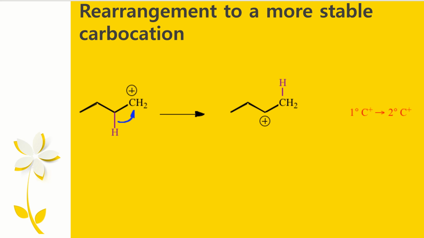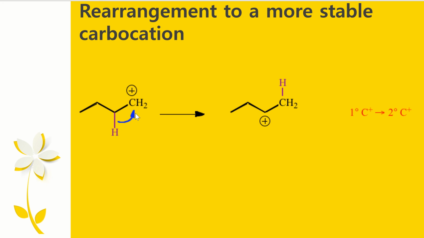And rearrangement, right? We have seen various rearrangements before, and the purpose of rearrangement is always to form a more stable carbocation. So here we have a primary carbocation, and this we call a hydride shift. This hydrogen can move, a 1,2 hydride shift, I should say, because it's 1,2 in relation to the carbon.